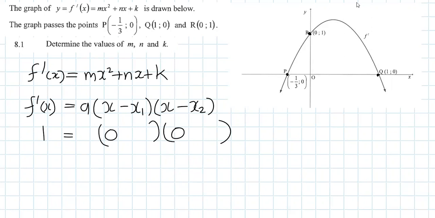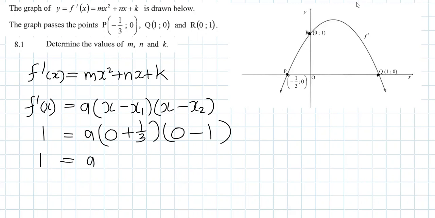Our two x-intercepts are minus a third, so minus a third gives plus a third, and the other x-intercept is 1, so minus 1. Those are all the pieces of information we had from the given information, and we just need to solve for a.